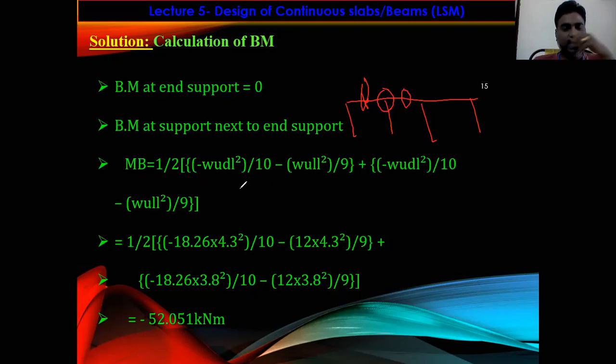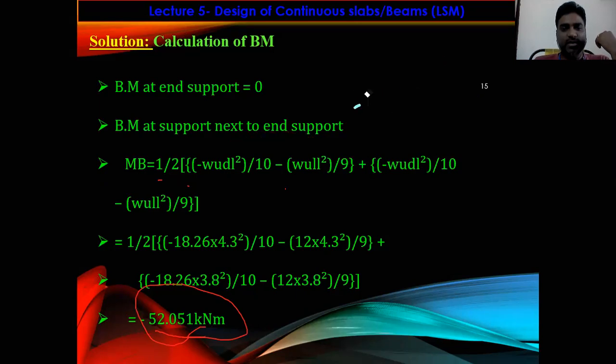This is WL² / 12. The coefficient is the same, but the load and span will change. Half of this one plus half of this one, so that we get 52.051 kNm. This is the bending moment at the support next to the end support. Like this, you have to determine the bending moments for all the cases, both span moments as well as support moments.